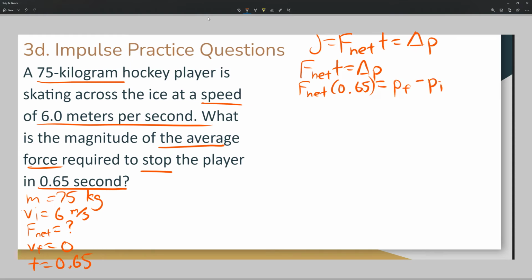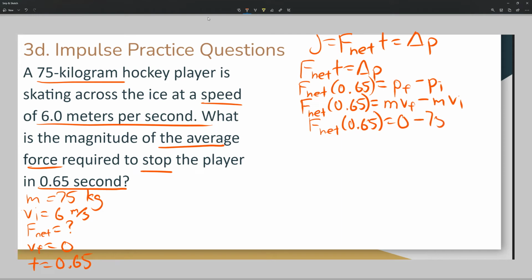Delta P is mass final velocity minus mass initial velocity. Final velocity is 0, so this entire thing here is 0.